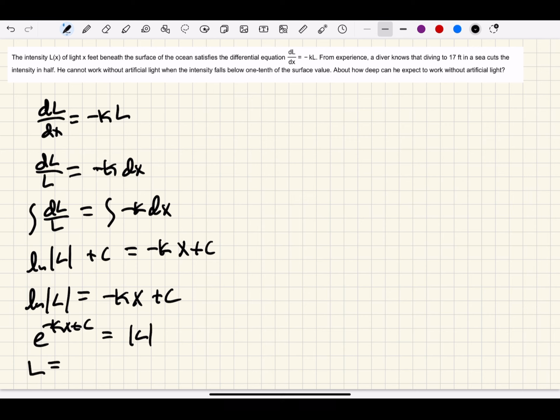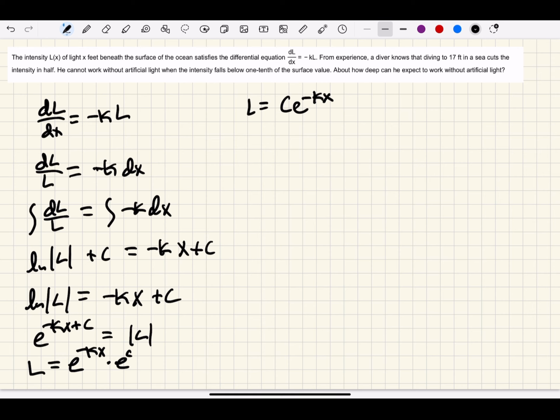We also know that when we multiply with like bases, we add the exponents, and our exponent here is a sum. So we could write this as e to the minus kx times e to the c. But e to the c, again, is just a constant. So we could write this then as L equals c times e raised to the minus kx.